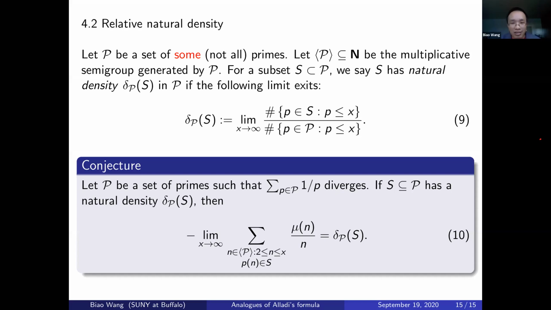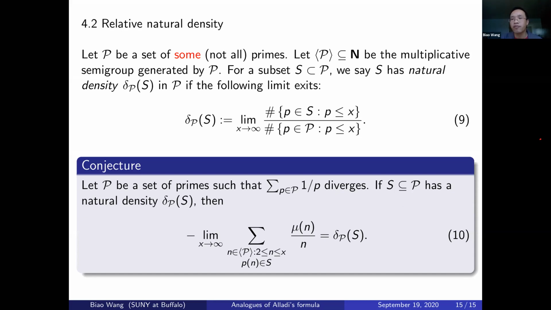Got it. That's a good question. Actually, if we restrict the sum over the largest prime factors, then Alladi did it in one of his papers.